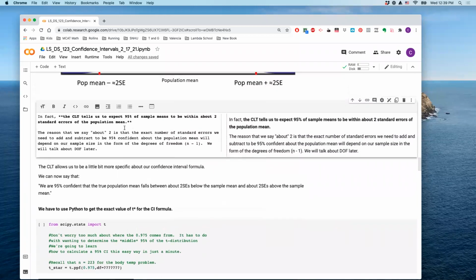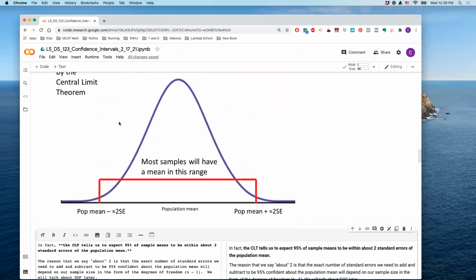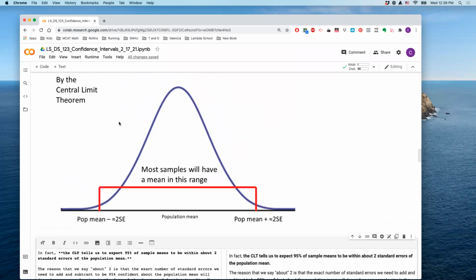So the idea, let's go back up to this picture, and I'm going to skip ahead and show you another picture too that I think is going to be more illuminating. So the idea is that we said 95% of samples we expect to fall within plus and minus 2 standard errors of the population mean. So let's think about hypothetically on this x-axis what values I could get for my sample mean.